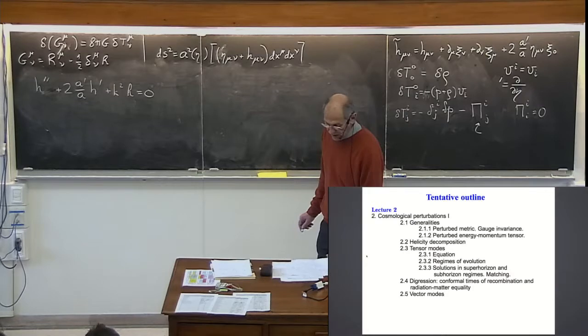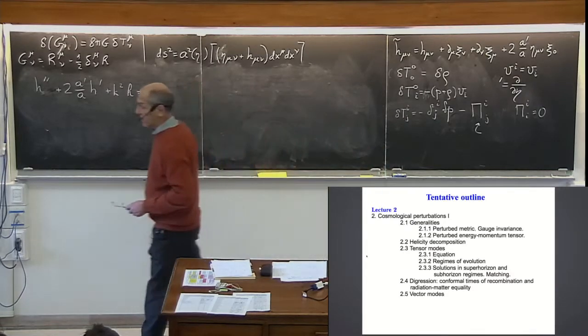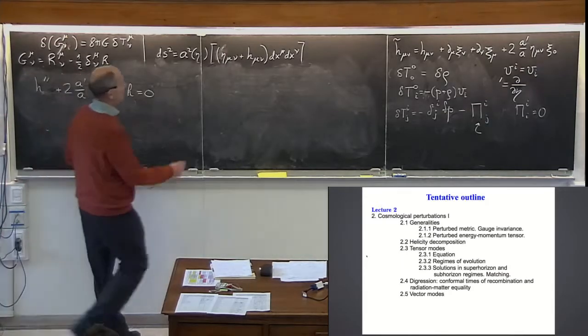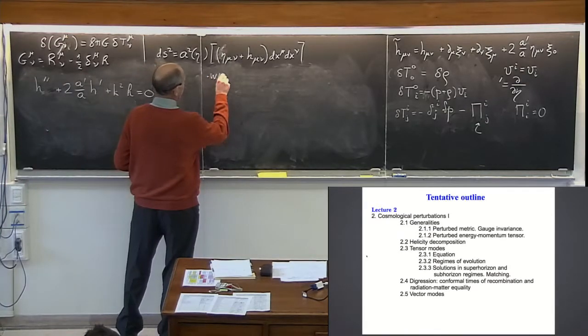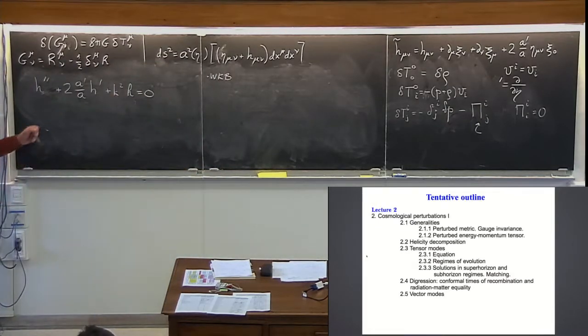So, oscillator with friction, what are the regimes of its evolution? There are two regimes in principle possible. One is WKB, meaning that the second term is small.